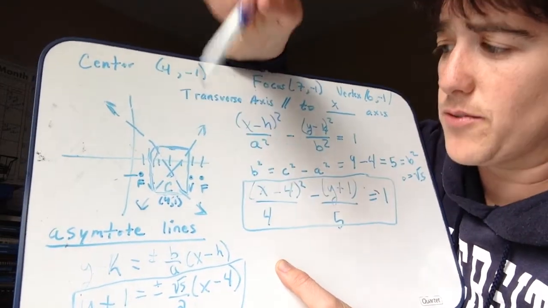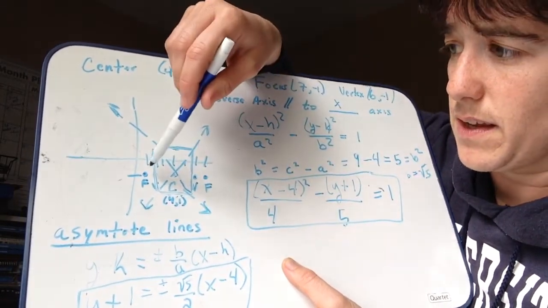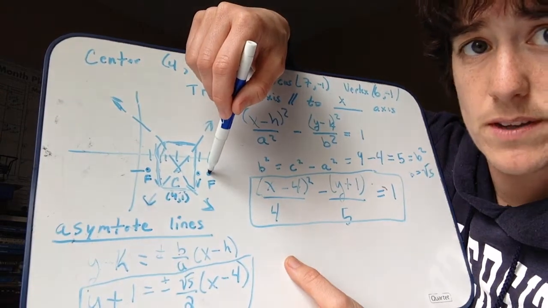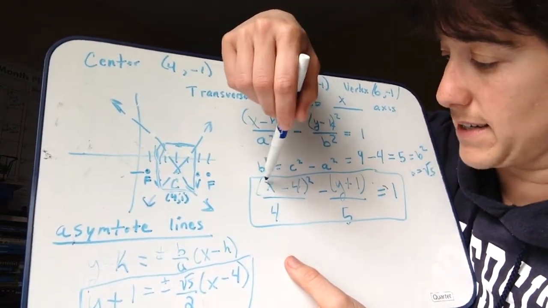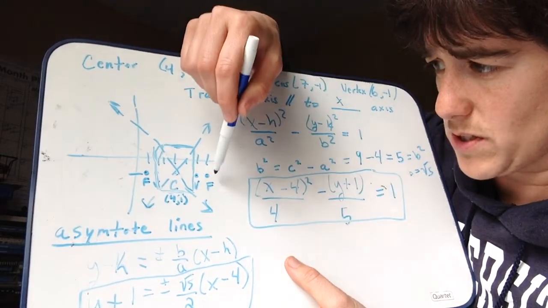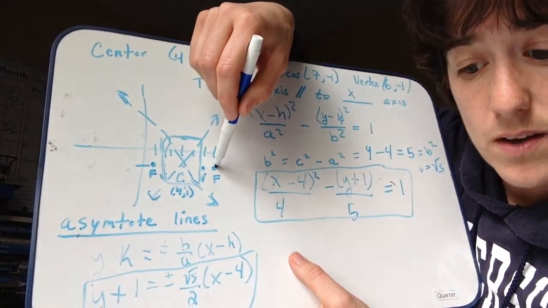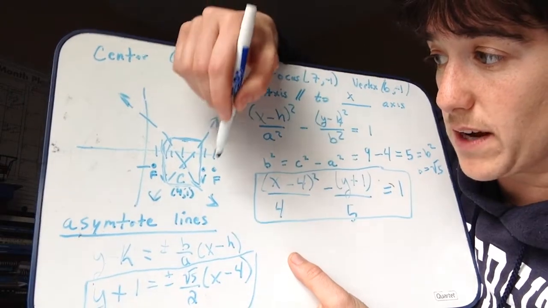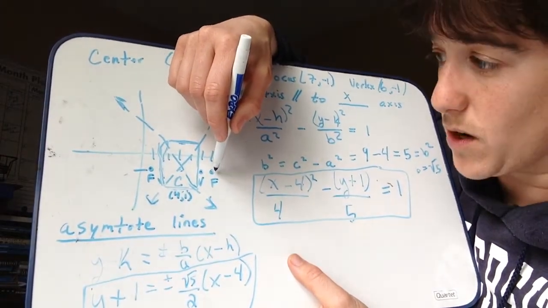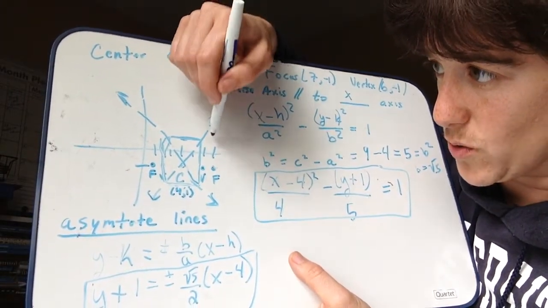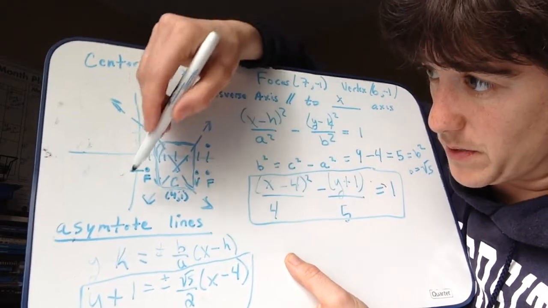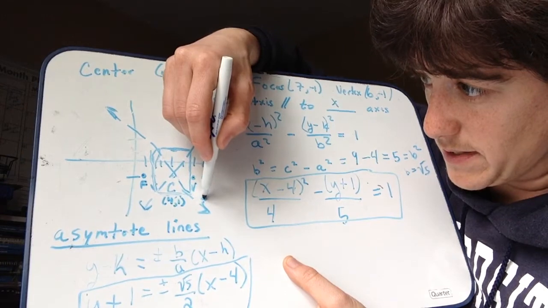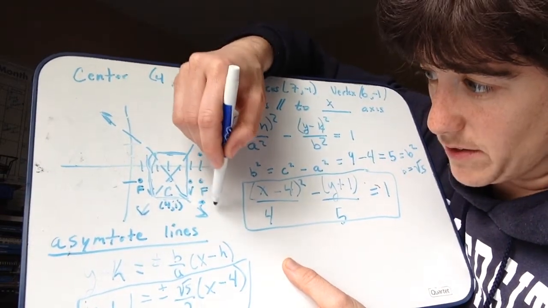Now, if I were to take the x value of my focus and substitute it into my equation, okay, for x, I could solve for the y values that are associated with this focus. Okay, if you were to do this, you would find out that from this focus, I need to go up to when x is 1.5, and I would need to be down here when it's negative 3.5. If you try that, you'll see that.